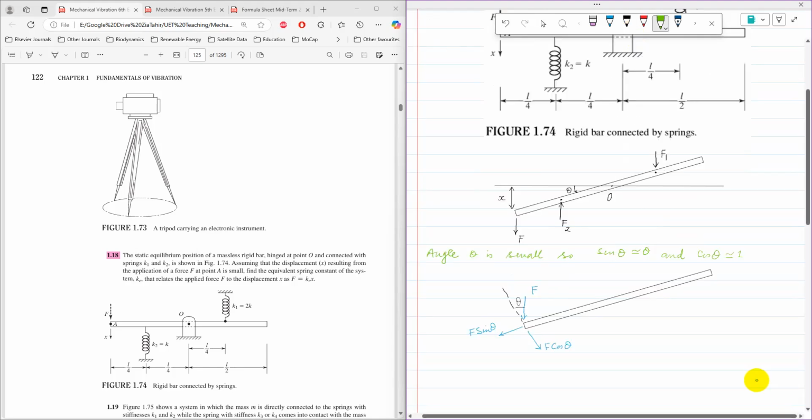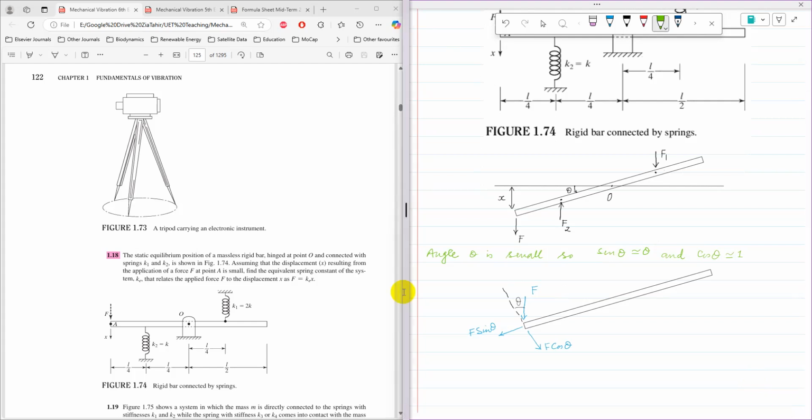So the assumption for this problem is that angle theta is small. So sine theta is nearly equal to theta and cosine theta is nearly equal to 1. And it says in the question that the displacement is small, so theta is also small.